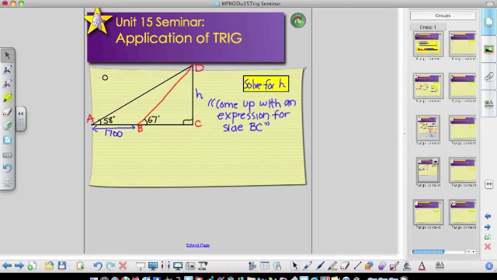So first of all, we're going to consider triangle ACD. This is my big triangle.